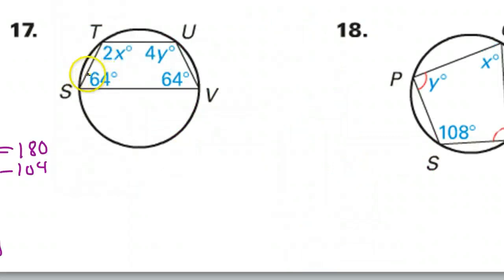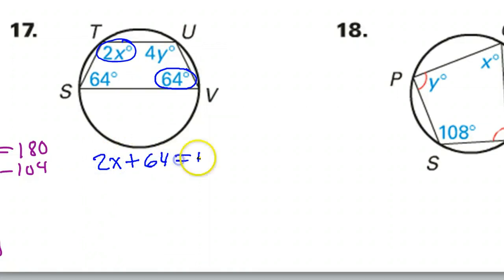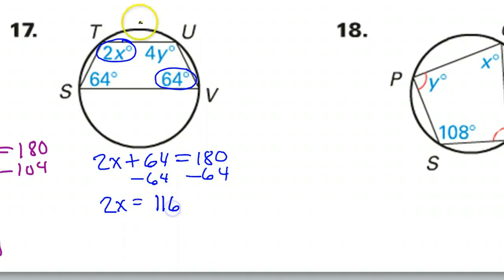Similarly with number 17, if we look at the x's, these are opposite angles. They should be supplementary. So 2x plus 64 should equal 180 degrees. Subtracting 64 from both sides, that's going to give me 2x is equal to 116.